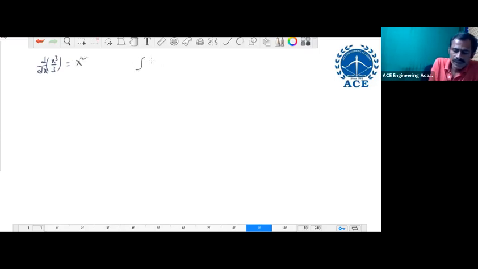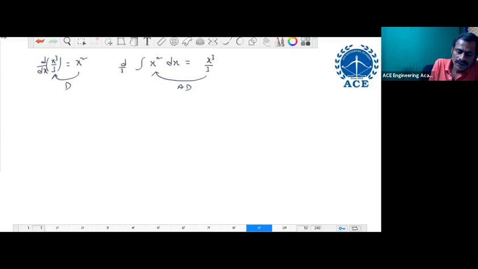Again, the integral of x square dx equals x cubed by 3. x square is the derivative of x cubed by 3, and x cubed by 3 is the antiderivative. If x square is the derivative of x cubed by 3, then x cubed by 3 is the antiderivative of x square.